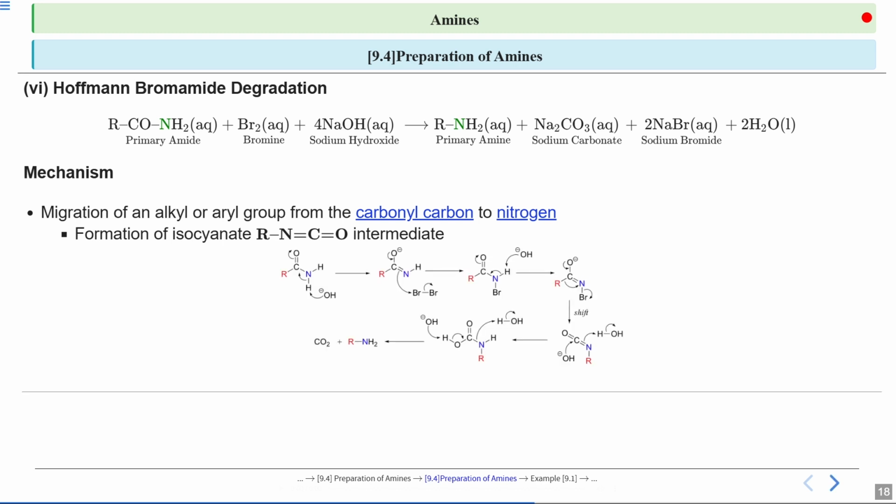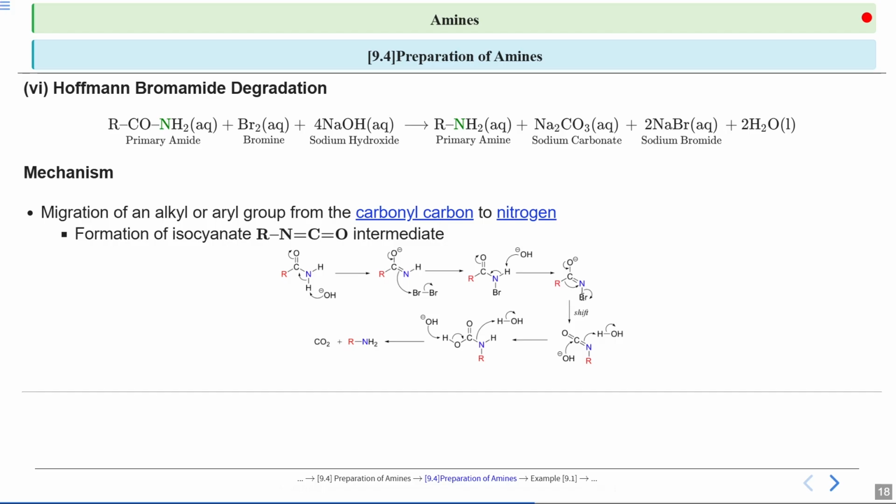So if you look at this reaction step by step, you will see that there is migration of an alkyl or aryl group. You will see over here this R group, which is attached to this carbon, which is double bonded to nitrogen, and we have bromine attached to this nitrogen.